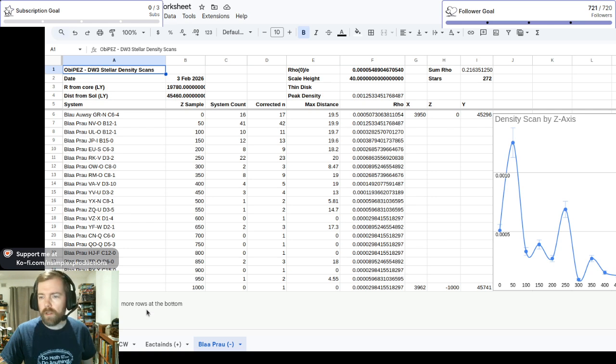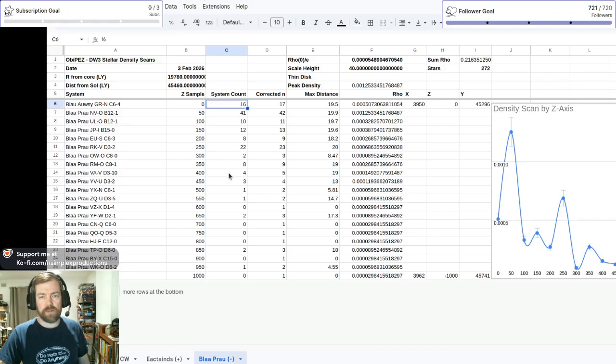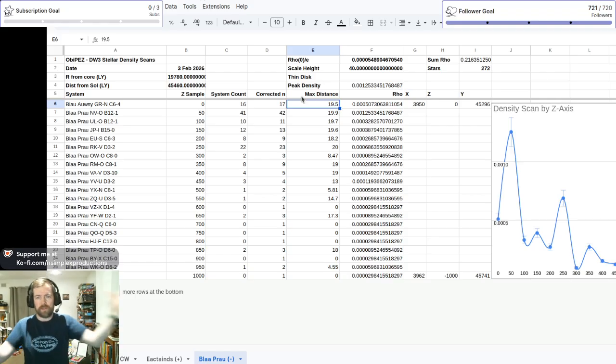There we go. So in the Blaprau sector, we have all these individual systems that we've jumped to. Collected the sample at each of these 50 light year marks. We went down on this one, and in each of the systems we had a certain count, and then the max distance away was, how many systems we could see within 20. This is the furthest one away we can see.